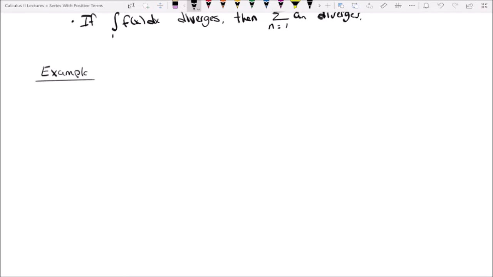We're going to examine this series for convergence. It should be 1 over n cubed. So what we do is we say, let f of x be 1 over x cubed.